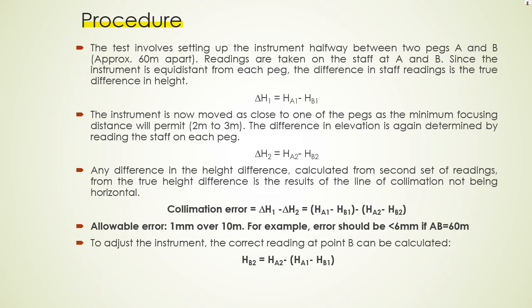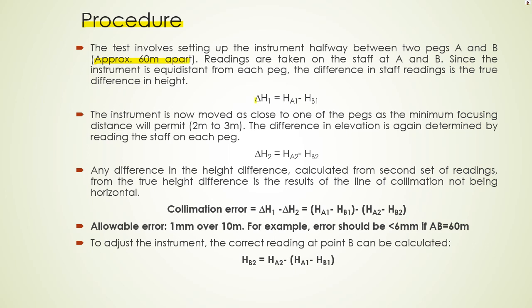The two-peg test is illustrated in the previous slide with a diagram. So this is the summary of the procedure. Normally we will choose the point A and point B with a distance of 50 to 60 meters.